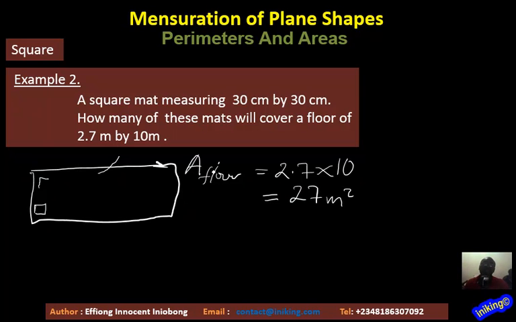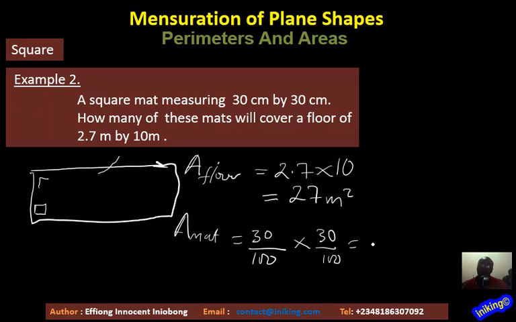And then the area of each mat, of course, will be 30 times 30, but mind you, this is in centimeters, so convert each of that to meters. That will be 30 divided by 100 to give us 0.3 meters, times 30 divided by 100 again to give us 0.3 meters.